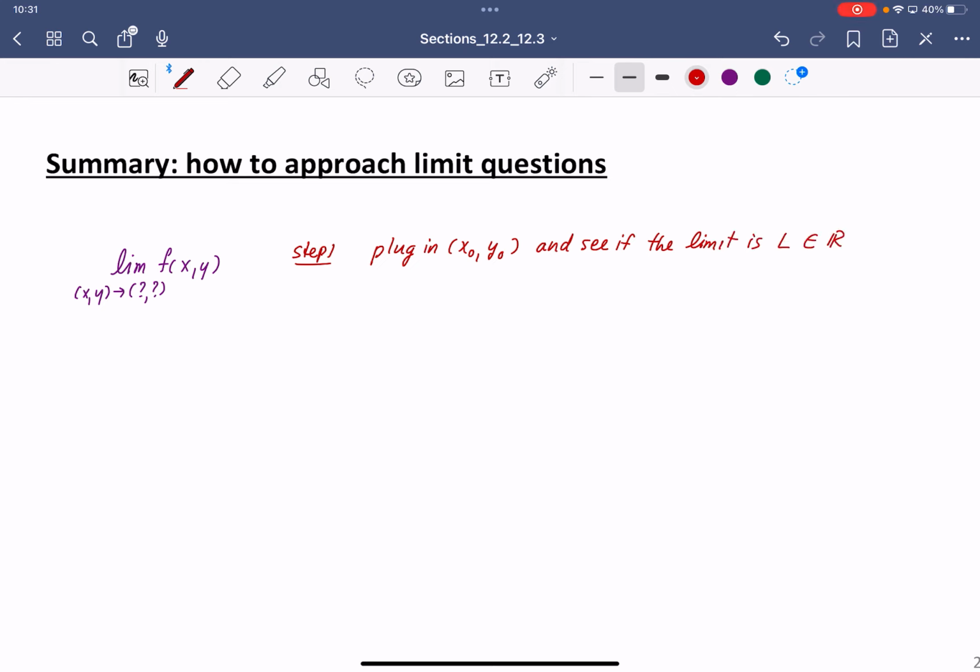If it is some number L, you conclude that it's the limit. And this is step number 1. If it is not, you go to step number 2. Step number 2 is that once you plug in and it doesn't go this way, you're going to get 0 over 0. So you have to use factoring or conjugate, as I told you.